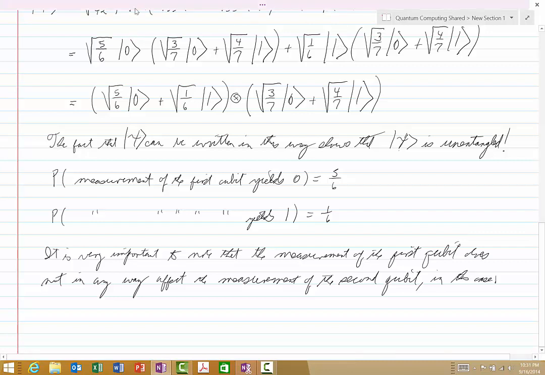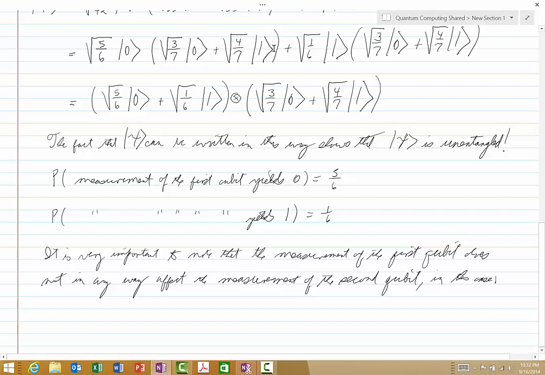So if we measure 0 for the first qubit, then we would conclude that the resulting state would be the ket 0 times this. And on the other hand, if we measure 1 for the first qubit, we would conclude that the resulting state is the ket 1 times this. So in either case, we conclude that the identity of the second qubit is this.